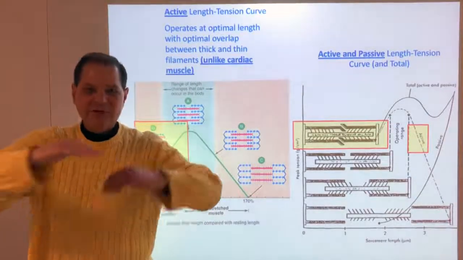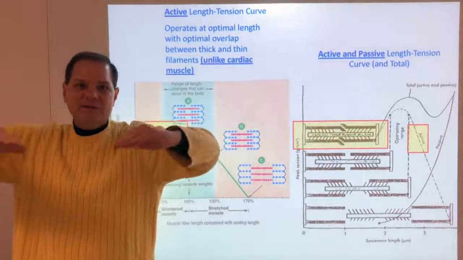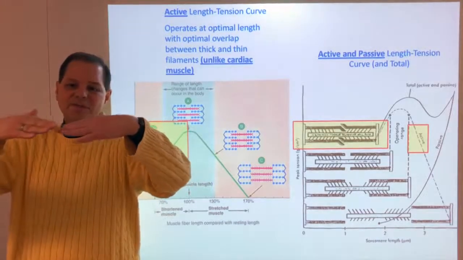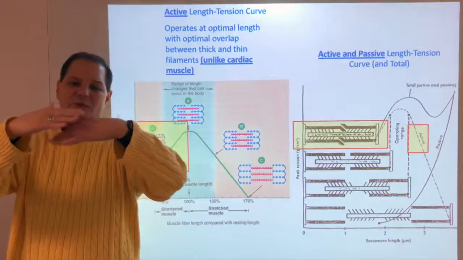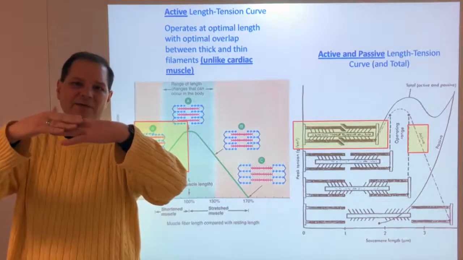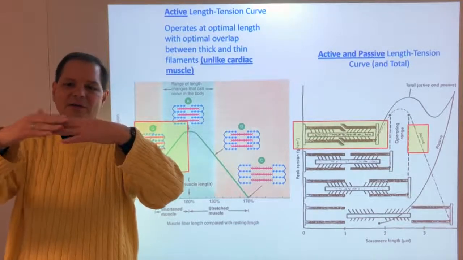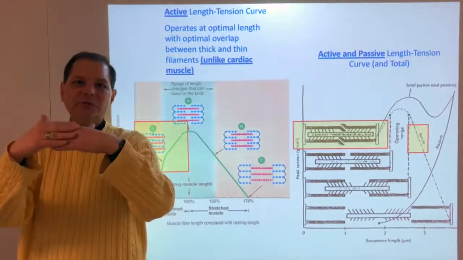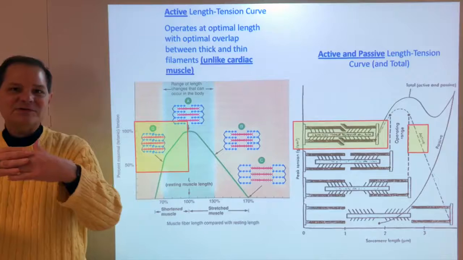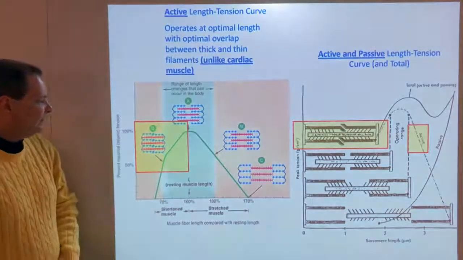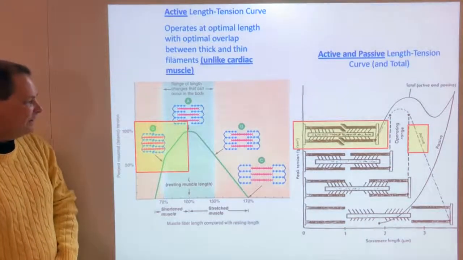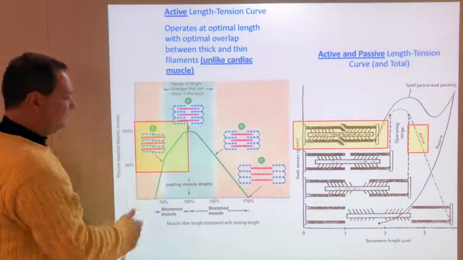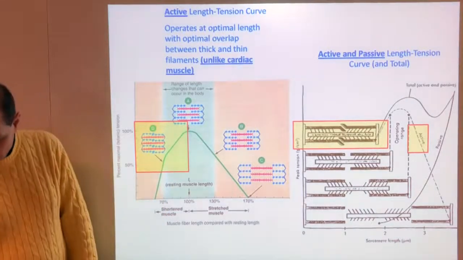So if my myosin's down here, my actin's up here, my actin's moving like this. As the muscle is shortened, eventually you end up with this situation where this part of the actin is no longer in contact with the myosin because it overlapped with the actin on the other side. And so you lose myosin-actin interaction there. The myosin has to lose contact with the actin, and because of that, you get less force generated. At least that's the theory.